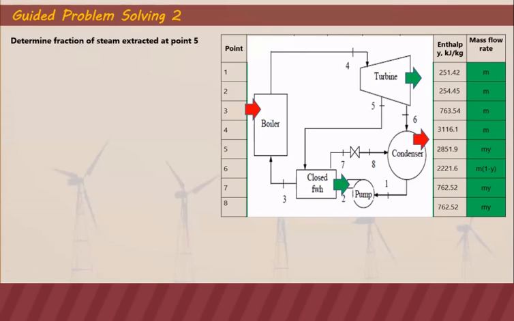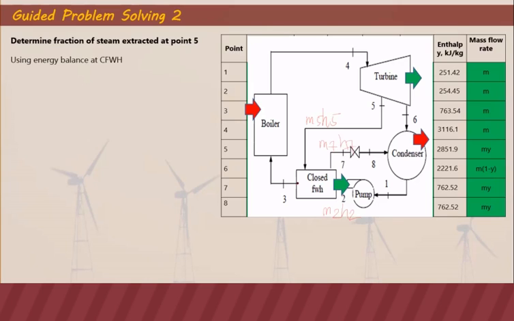So again, we are going to use energy balance at the closed feed water heater. Using energy balance, you can see here that we are entering at 0.5 as M5H5. And then entering also from the pump, 1 to 2, that is M2H2. This M5H5 will be discharged at 7, so that's M7H7.